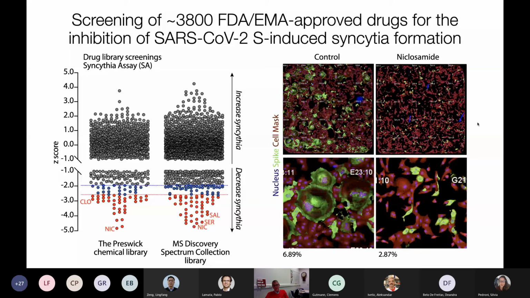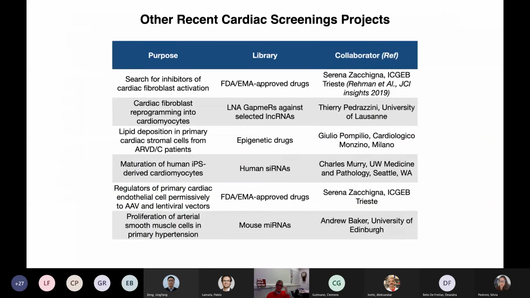And this is the kind of screening that we do in the cardiovascular field. We are screening also FDA EMA-approved drugs. We have screened in the past for inhibitors of cardiac fibroblast activation. This was a screening for TGF-beta induced smooth muscle actin activation, so transition to myofibroblasts, and how the drugs can inhibit that.